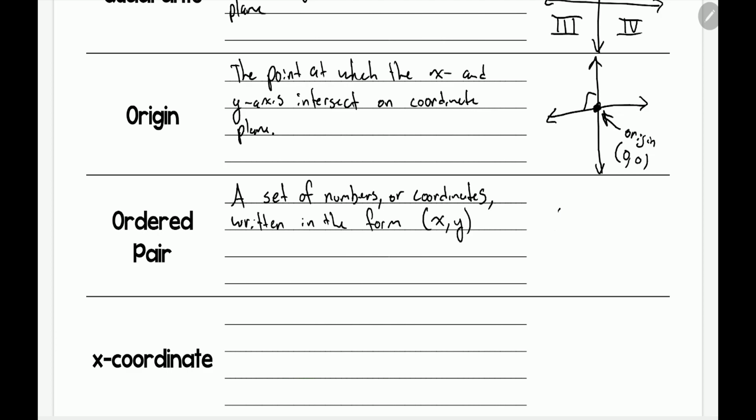So for example, if we have negative 1, comma 5, this relates to the x coordinate.